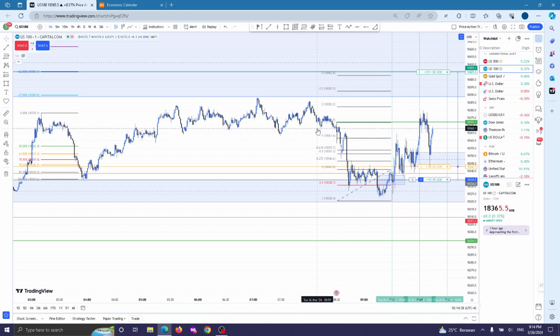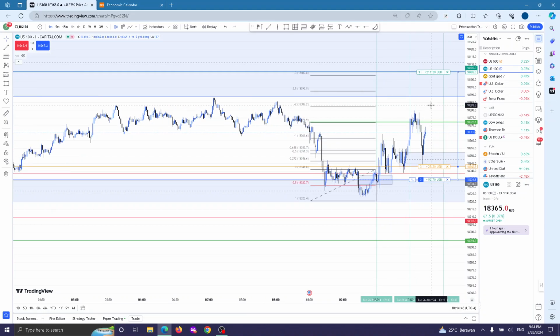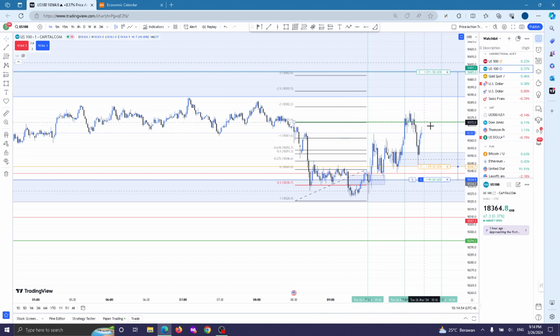If this was a no news day, then this low right here will probably get taken out for inducement. But since we are at gray folder news, I'm expecting bullishness and for price to respect turtle soups like this low.